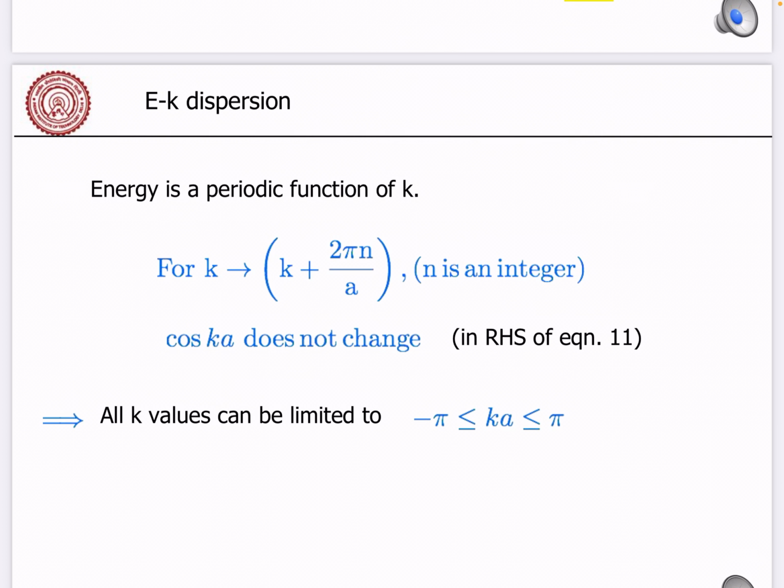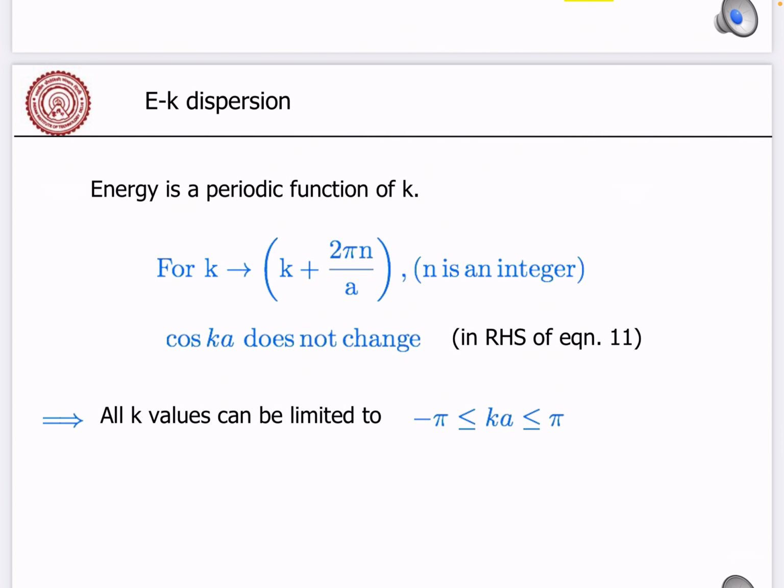Now, if you put k plus 2 pi by a times n on the right side, this does not change anything, because cos does not change. It becomes again cos k a. Therefore, these k values are not unique values.